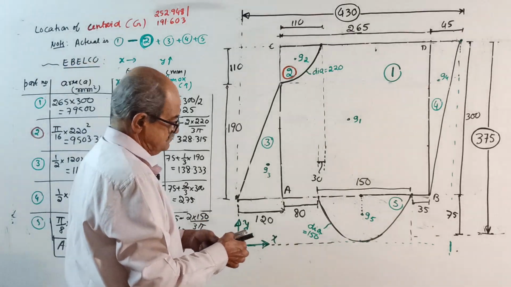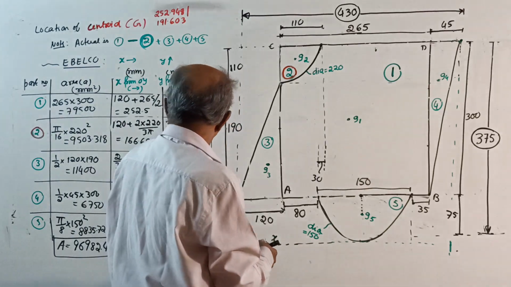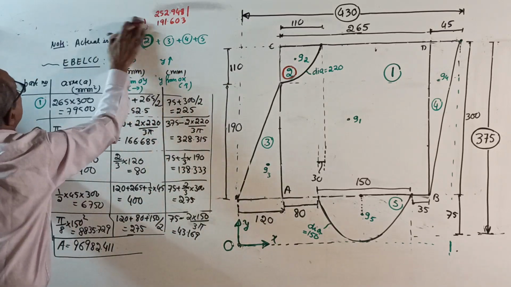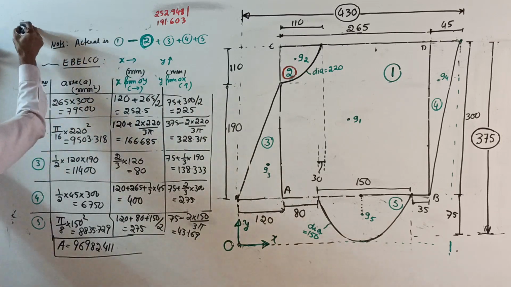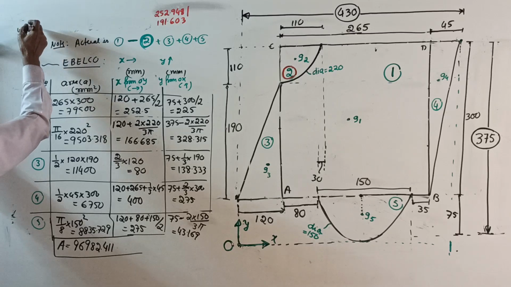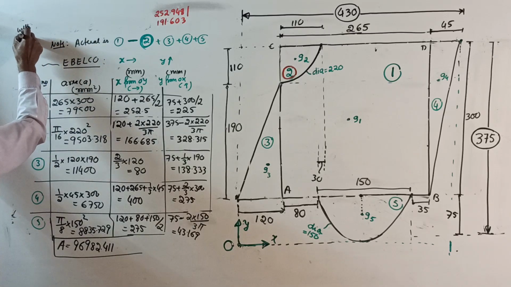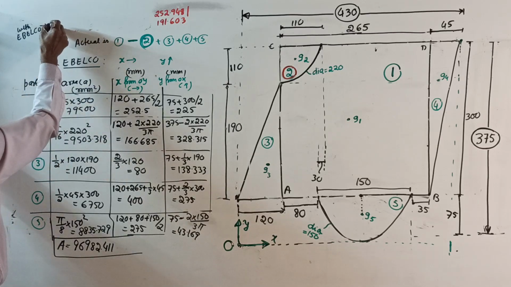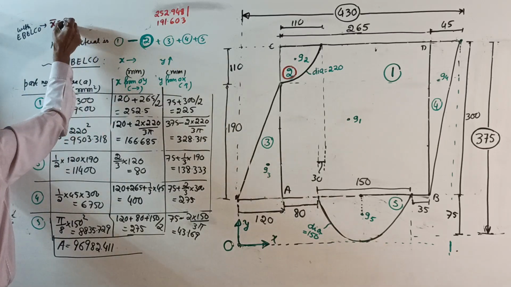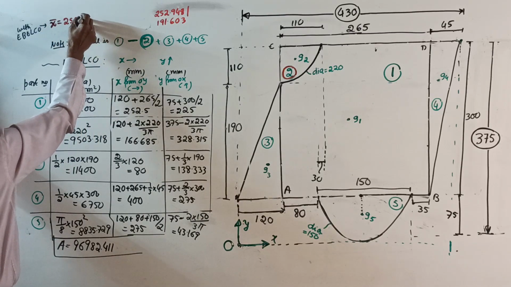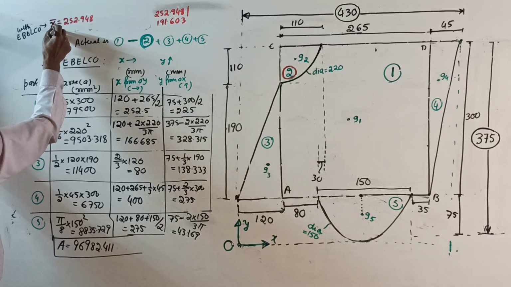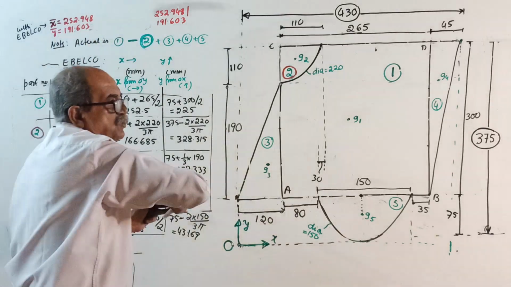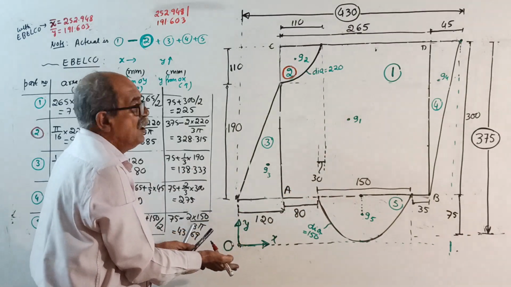With this data, get X bar, Y bar. I'll write somewhere here. See, where I'll write the answer. What X bar I got, I will write here now. See, this I remove. With respect to the origin, I got X bar 252.948 and Y bar 191.603, means from left to right and vertically bottom to top.